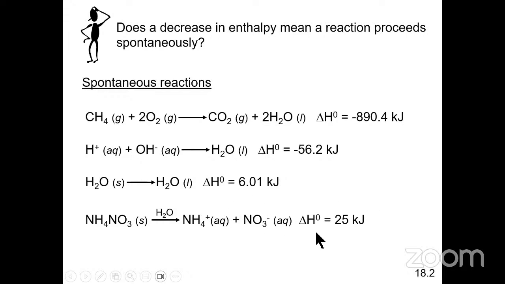So this tells us that there's something else that you would have to use in order to make predictions as to whether or not a process is spontaneous, all right? We cannot just simply look at the amount of heat released or the amount of heat absorbed to tell whether or not a process is spontaneous, all right?